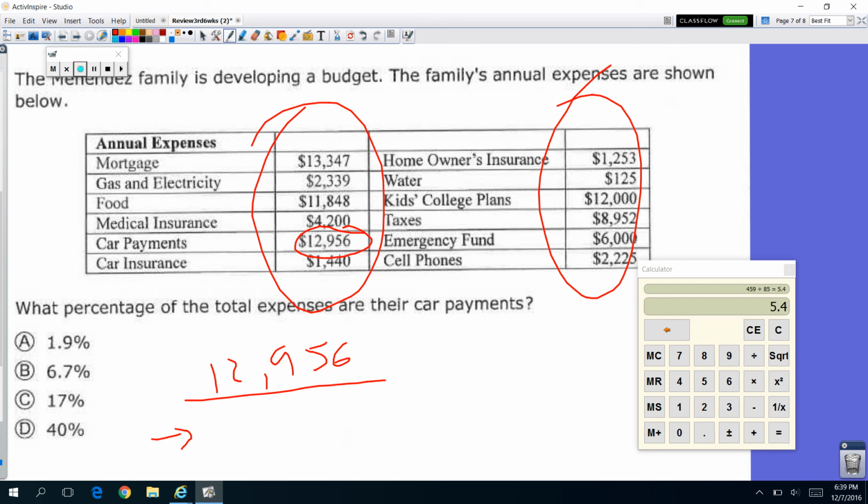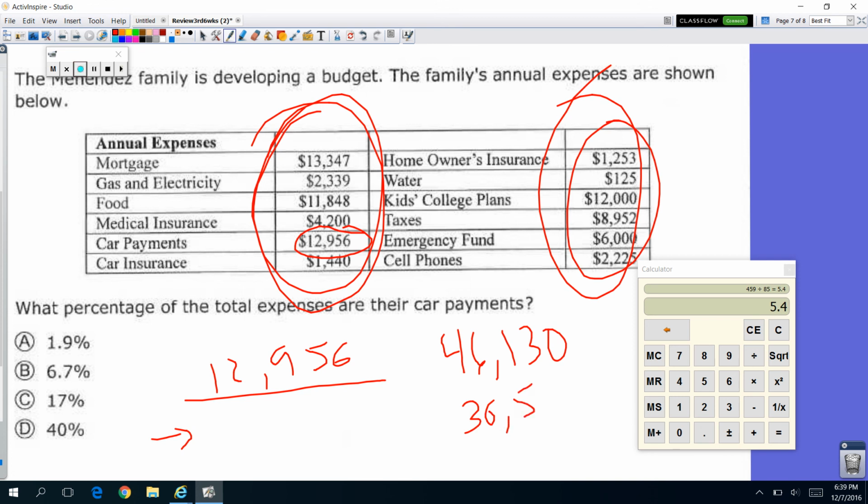So I did that previously, and this part right here adds up to be 46,130. And all of this over here is 30,555.